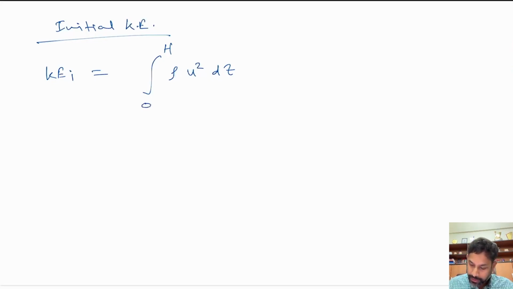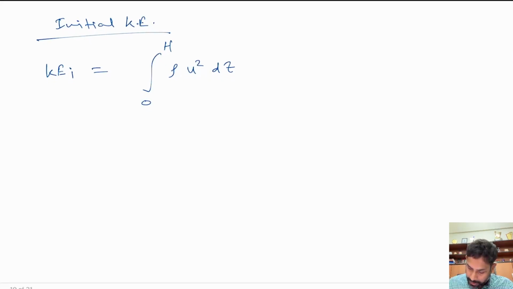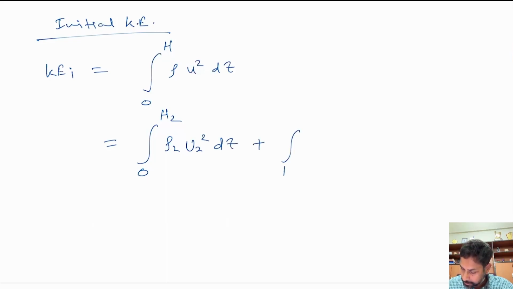So this will give us per unit area because there is dz integrated. All right, so here we will consider 0 to h2, that is rho 2 u2 square dz, plus h2 to h1 plus h2, rho 1 u1 square dz.